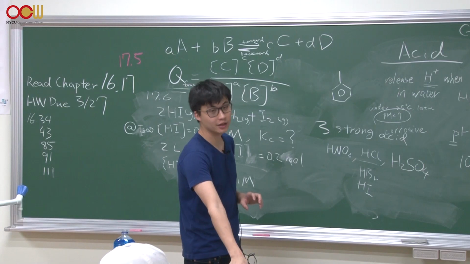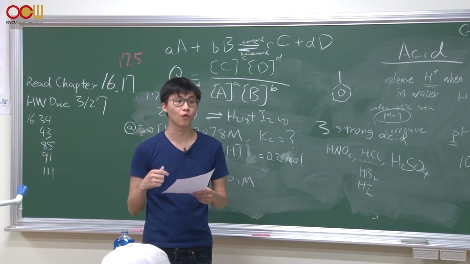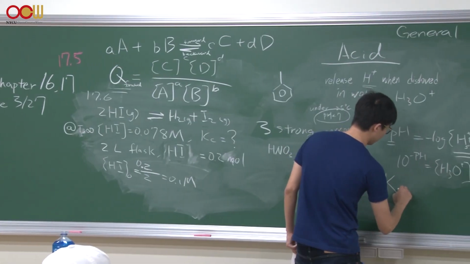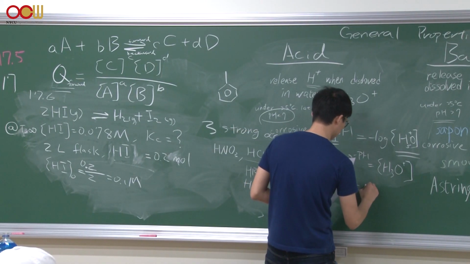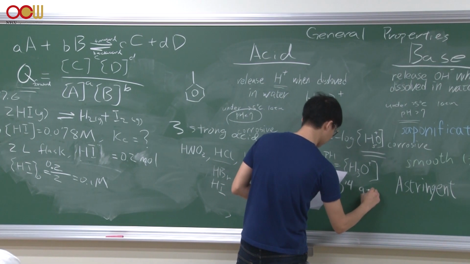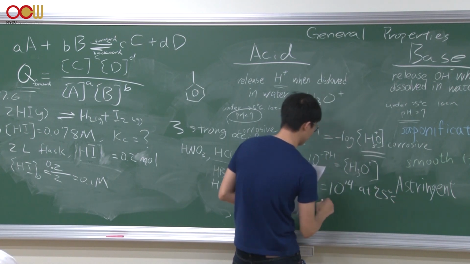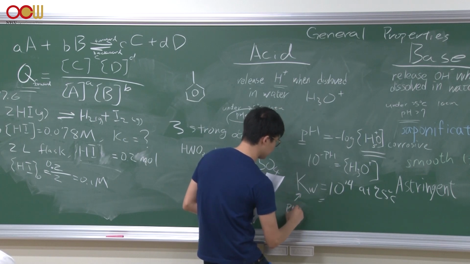Okay. When we talk about pH, we have a scale of 1 to 14, right? By definition, the equilibrium constant of water, we set that to pH 7, okay?